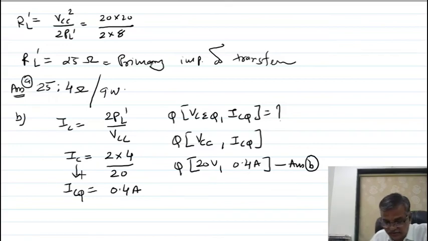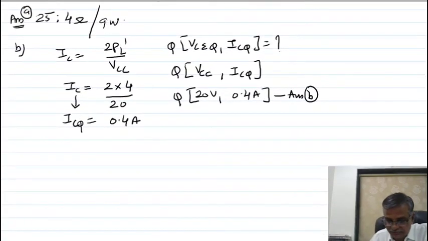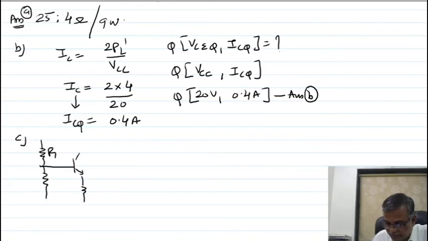Now third, they are asking you the value of R1 and R2. Already you know from the circuit diagram, you must remember this circuit. I am showing you the circuit. This is VR2, this is R2, so this is your VB.